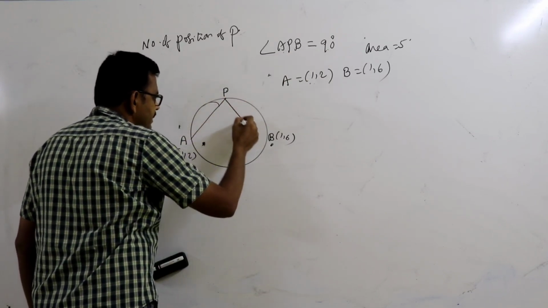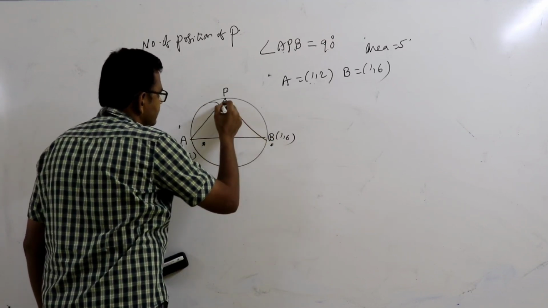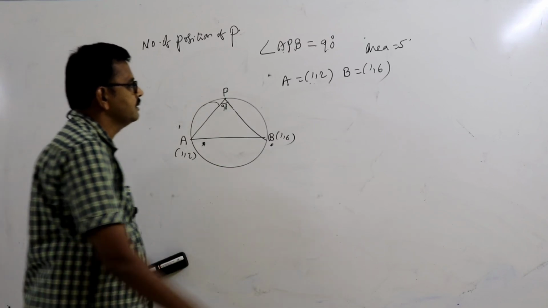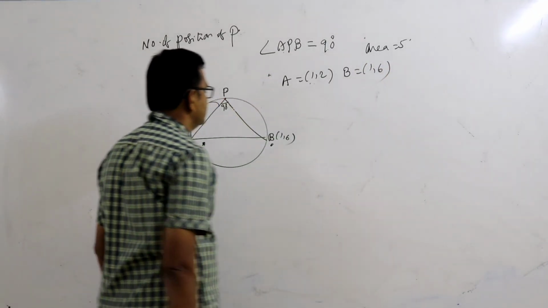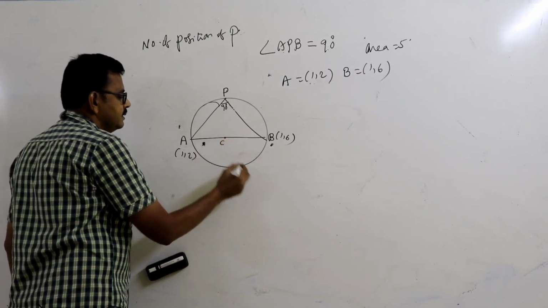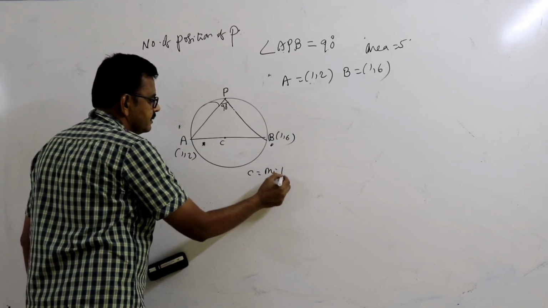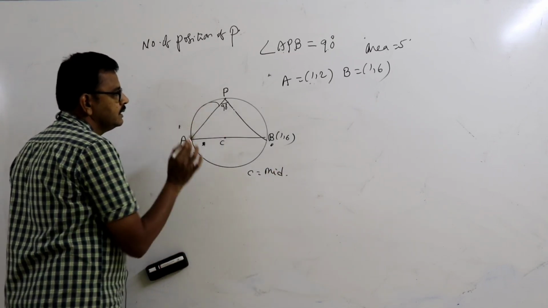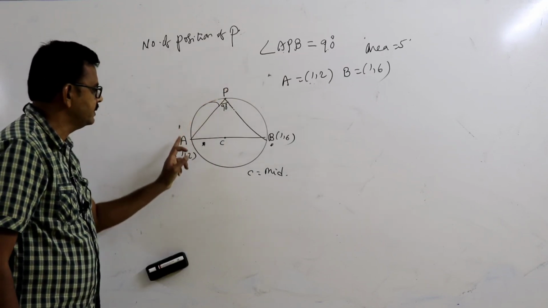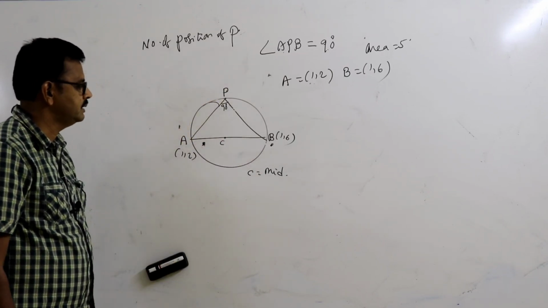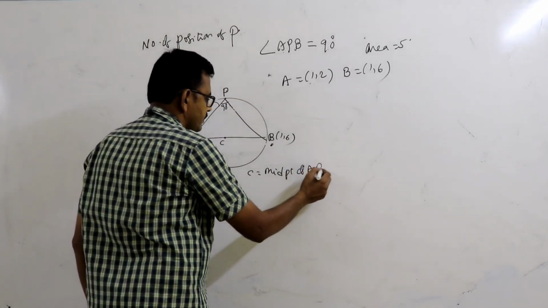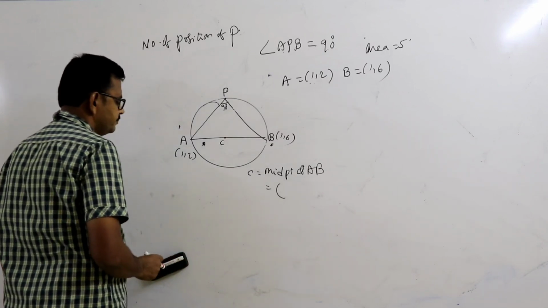Here A and B are the end points of diameter, since the angle in a semicircle is a right angle, and also the area of triangle is given as 5. Now center is equal to the midpoint of AB.